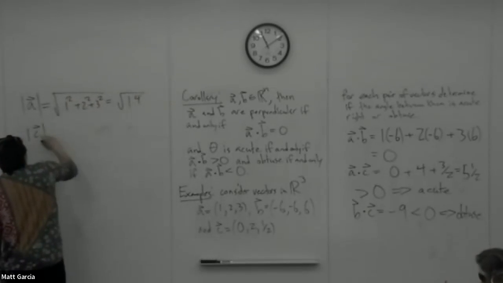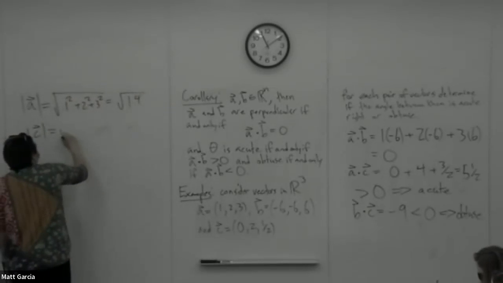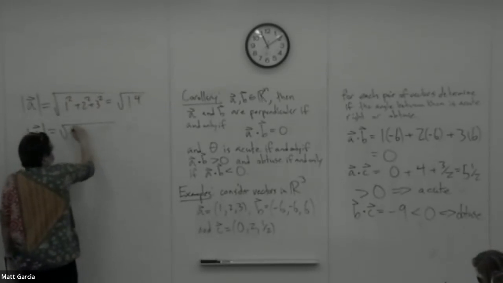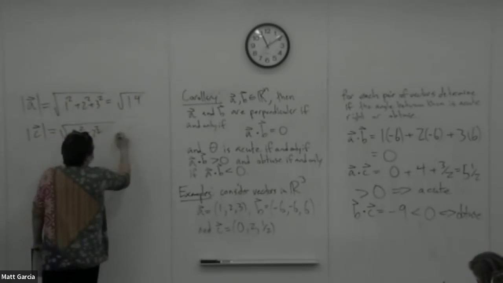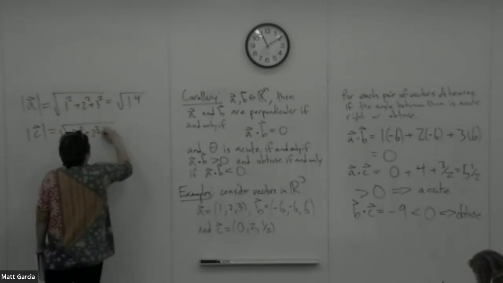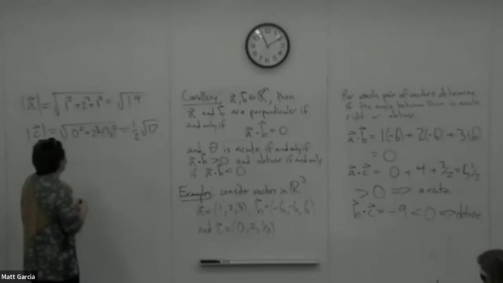And the magnitude of C is the square root of 0 squared plus 2 squared plus 1/2 squared, which I simplified to 1/2 root 17. Yeah. Doing this by hand.